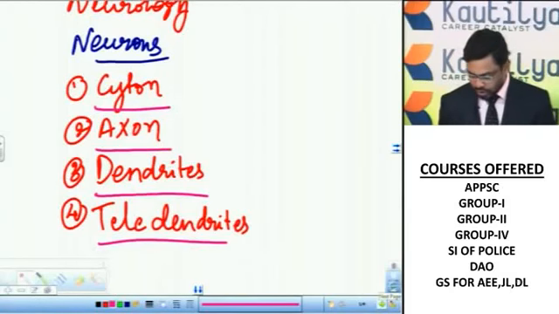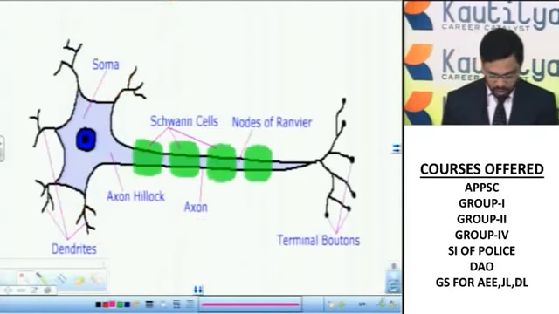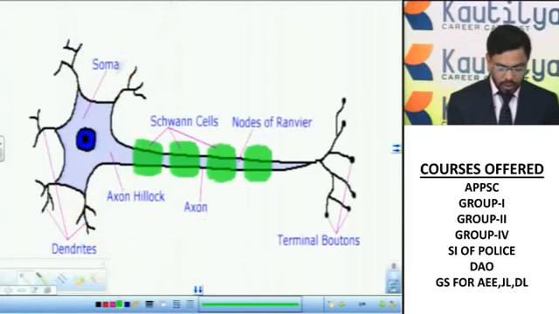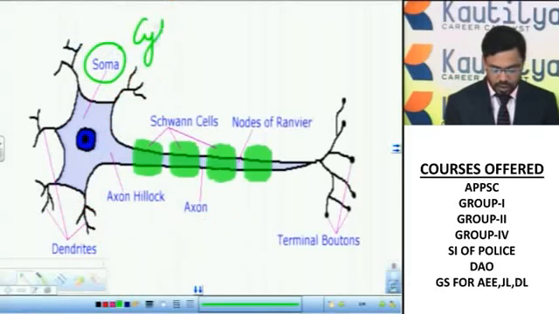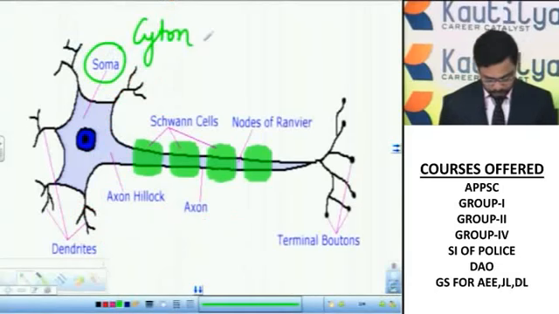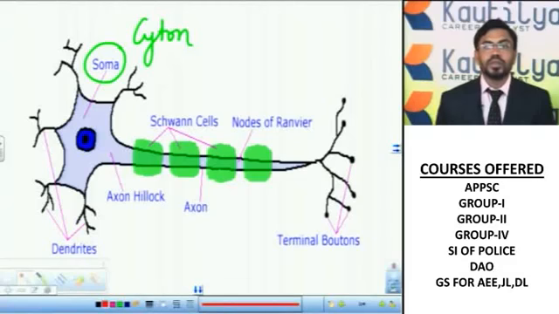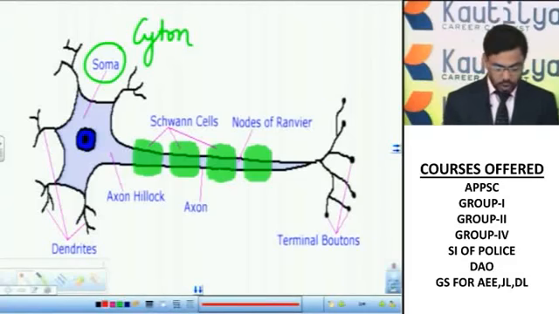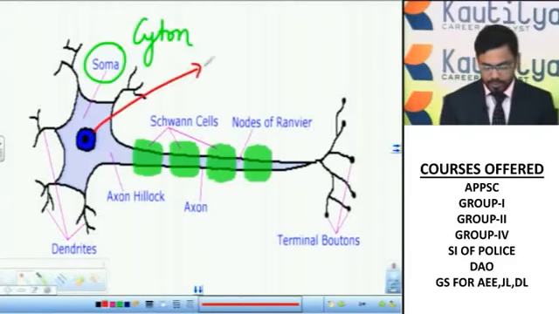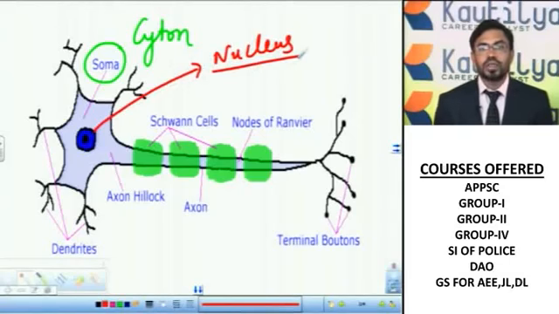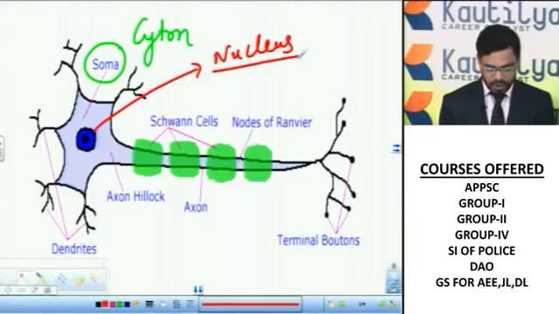If you observe the structure of this neuron, the neuron contains a cell body. This cell body is called the cyton, or it is also called soma. The cell body contains the nucleus. In this nucleus, the stimulus or the nerve impulse will be processed.